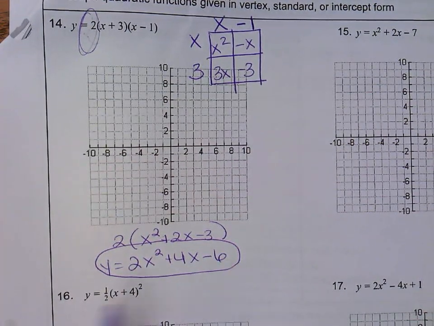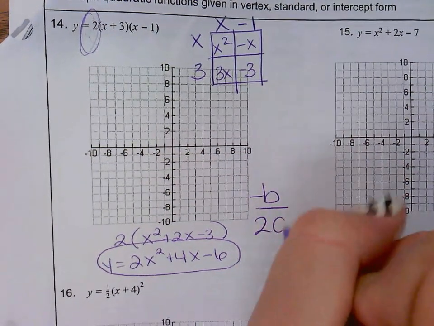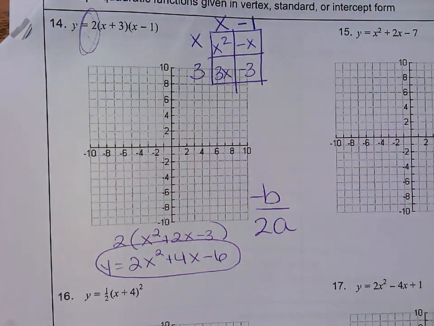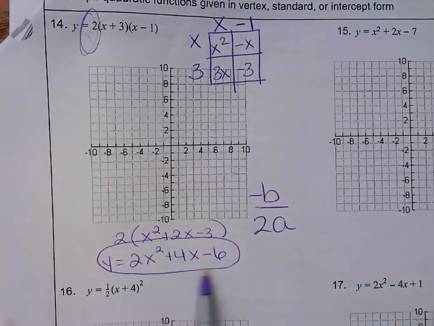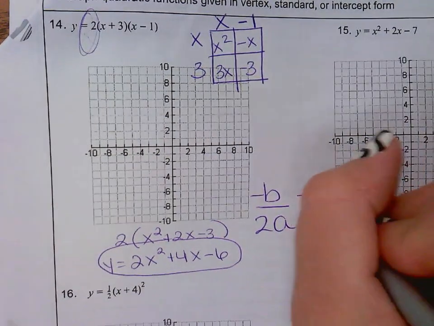So when you're in standard form, the one thing that you have to memorize for your test is the formula negative b over 2a, being able to find the vertex in standard form. We've done it a bunch of times, so if you do homework 3.6 and 3.7, it'll help review that even more. What is negative b in this function? So yep, 4 turns into negative 4.